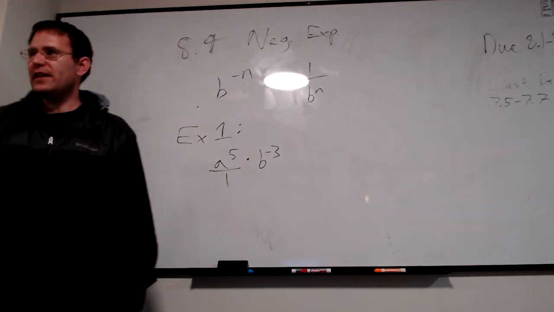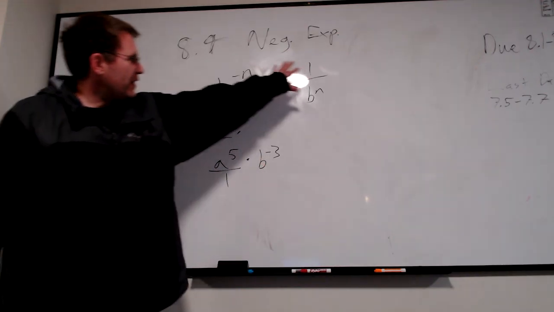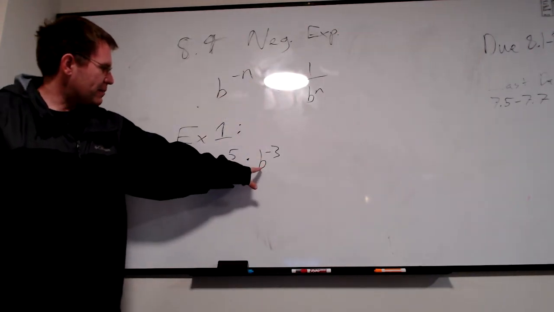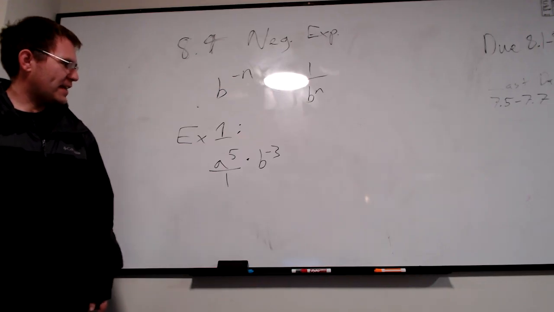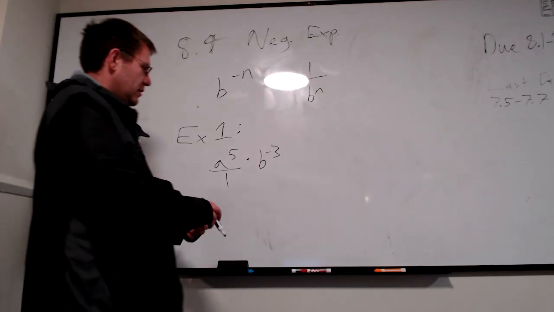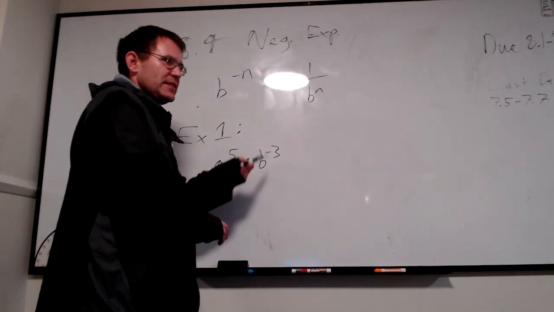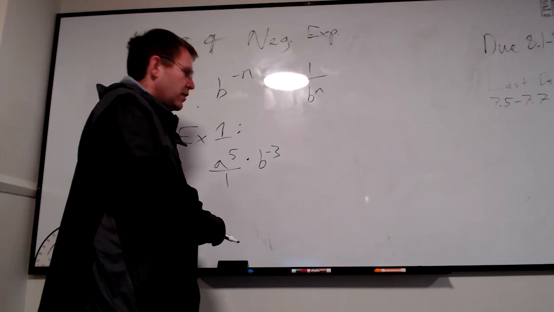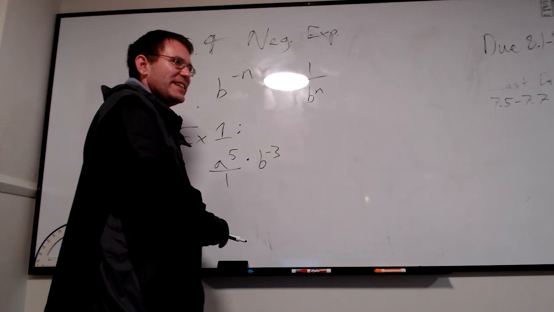Does that make sense, everybody? So thinking about this, how would we write b to the negative 3? What's another way of writing that? It would be under 1, so 1 would be over it. And would the 3 be negative or positive? It would be positive, okay.